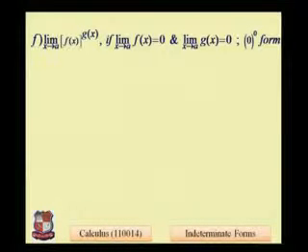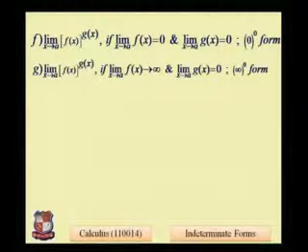Then next is limit x tends to a, f(x) raised to the power g(x). It is again the same kind of function where the limit of f(x) is equal to 0 as x tends to a and g(x) is also 0, then we have 0 raised to 0 form. Then finally limit x tends to a, f(x) raised to the power g(x), if f(x) tends to infinity and g(x) is equal to 0, then we have infinity raised to 0 form.